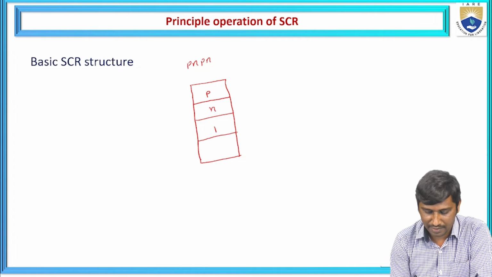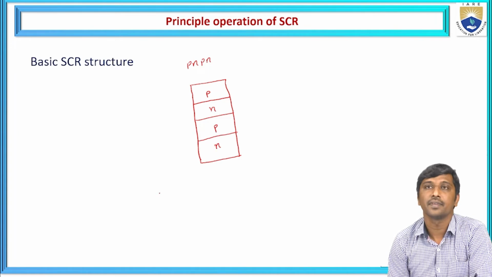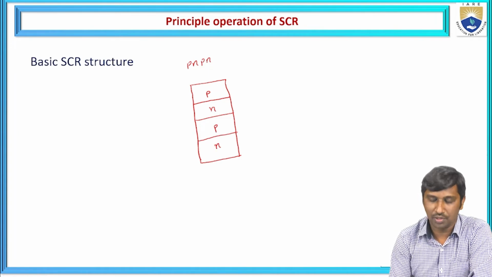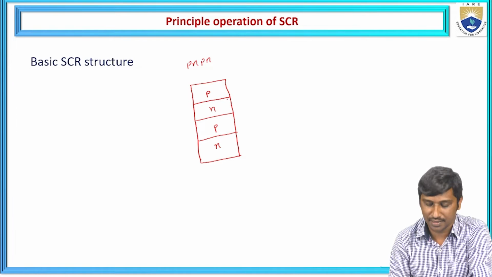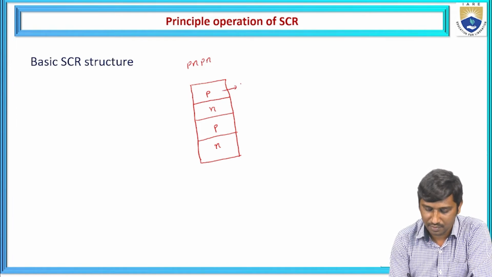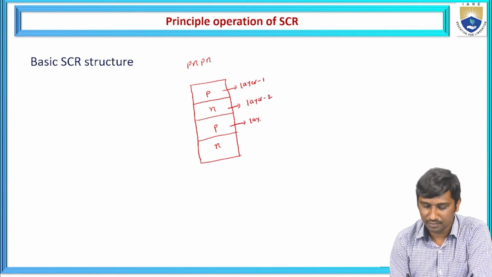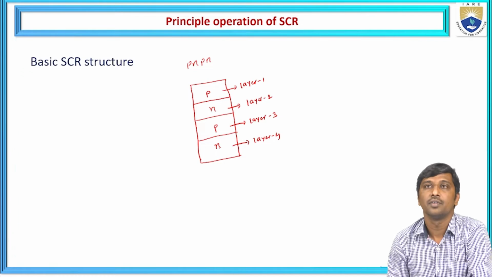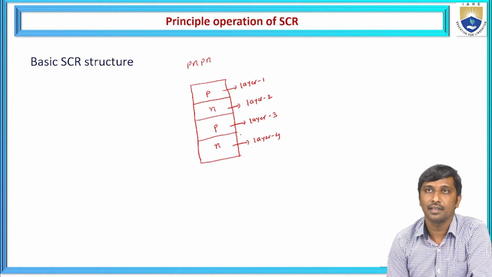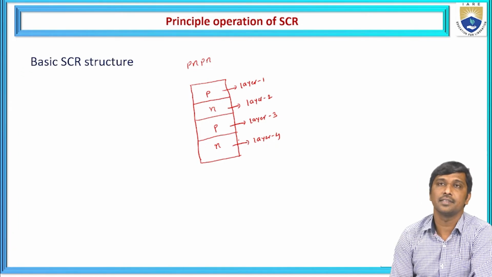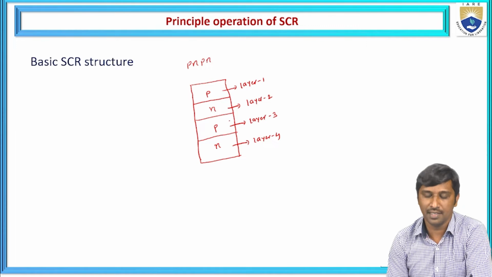Again, this is P and N. So this is called a 4-layer structure: layer 1, layer 2, layer 3 and layer 4. Already we discussed that the SCR is a 4-layered PNPN or NPNP structure, and it contains 3 junctions.